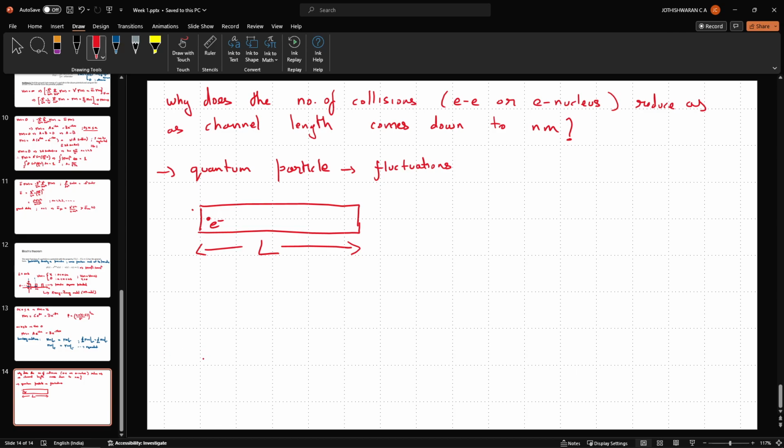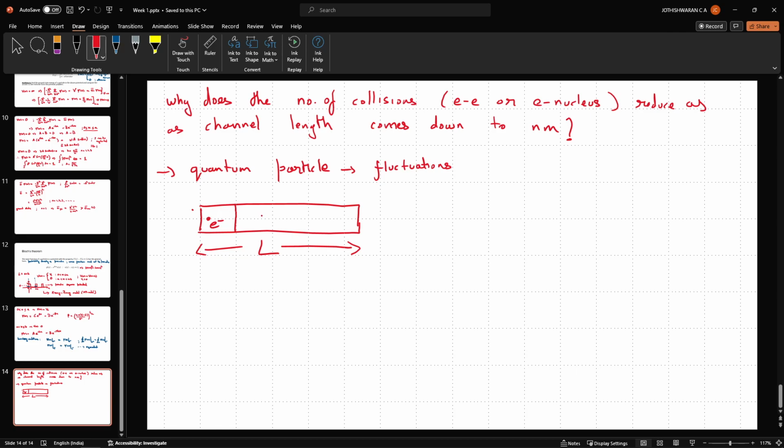Alternatively, I can say what is the distance that the electron will travel from one collision to another. Essentially, on an average, again, this is not saying that when I am traveling this distance, no collision occurs. In general, the average number of collisions for this distance is 1. That's what it means.